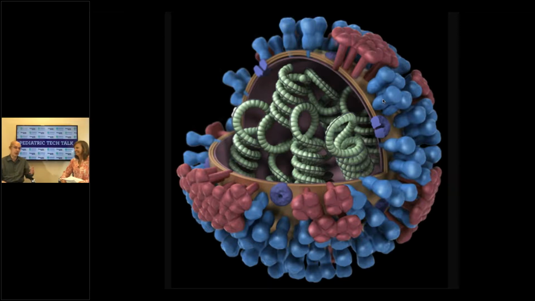Now, in nature, of course, they're not colored red and blue, but they really do have these structural elements, and viruses really are this kind of regular spherical or oblong structure. So in this case, the red and the blue represent different proteins that are on the outside of the virus. Actually, the red ones are the ones against which we raise an immune response to make the seasonal flu vaccine. Okay. So that's the part that will change from year to year.